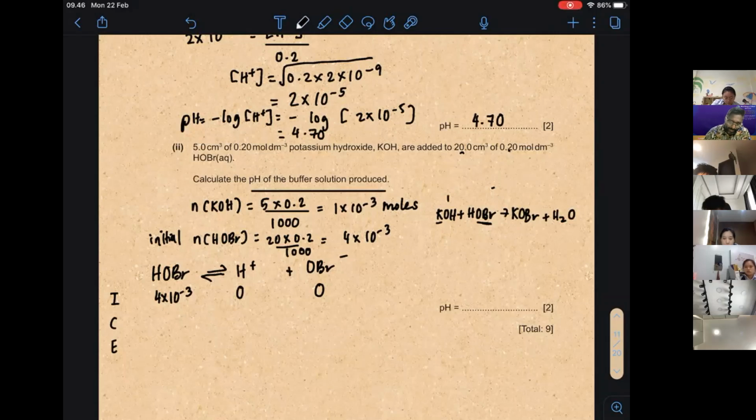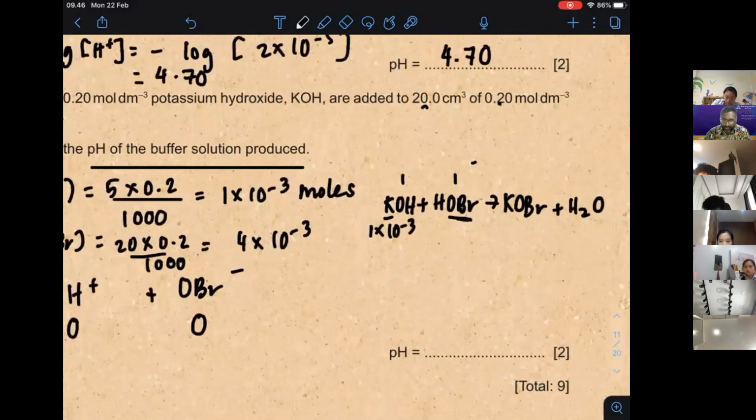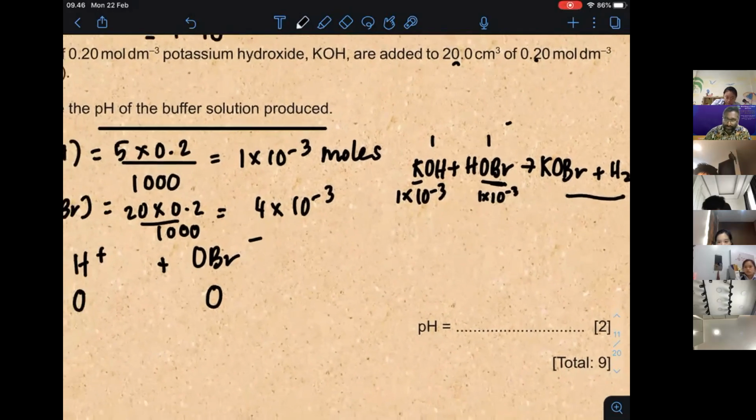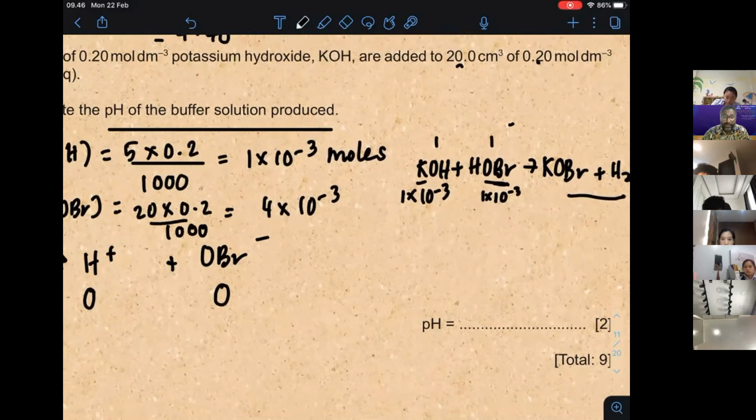So one mole reacts with one mole. When I have 1 times 10 to the -3 reacting with 1 times 10 to the -3 here, the HOBr is going to decrease, because it reacts with KOH.